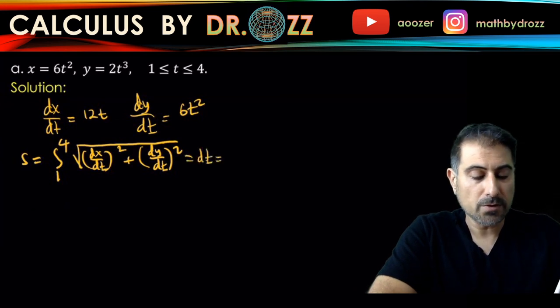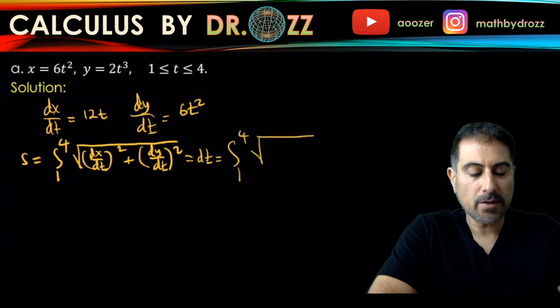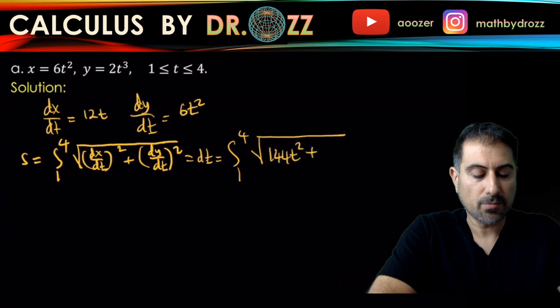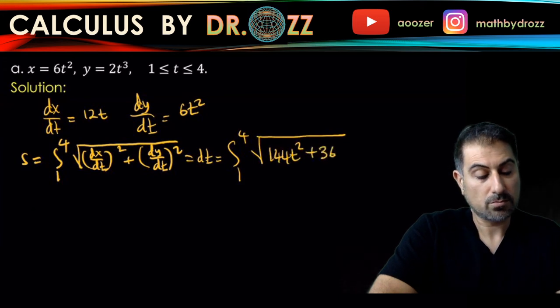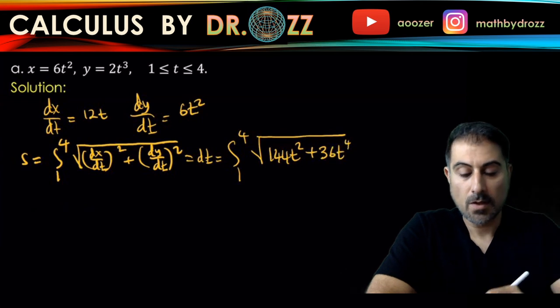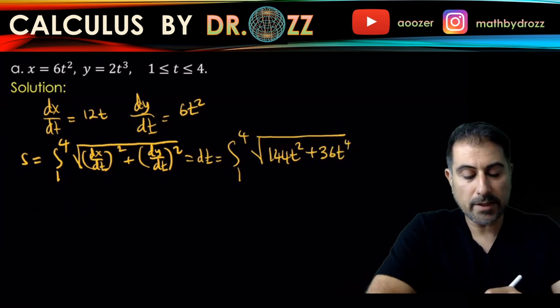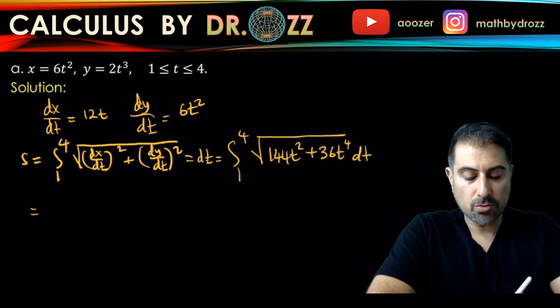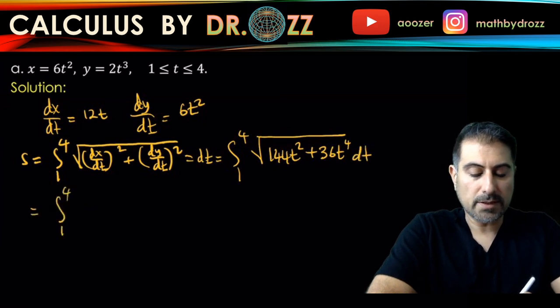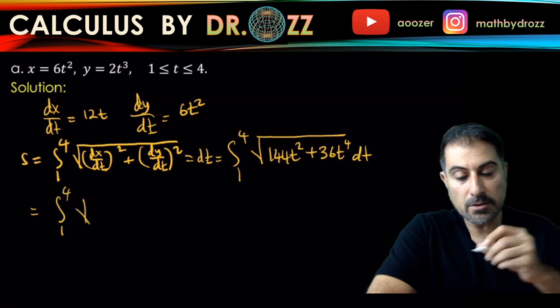It's the radical of 144 t squared plus 36 t to the 4th, dt. And one thing I can do here is factor out 36t squared inside the radical.